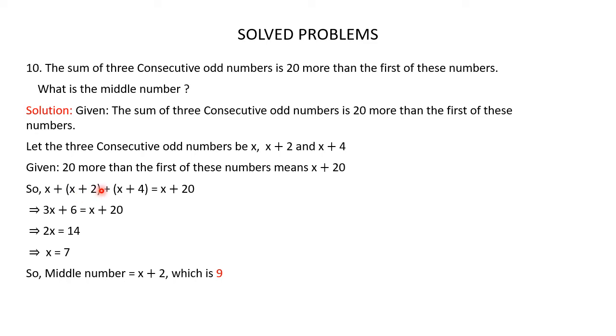When you move 6 to the right side, you get 20 minus 6, which is 14. So 2x is equal to 14, which means x is equal to 7. So the middle number is x plus 2, which is 7 plus 2, which is 9. So 9 is the middle number.